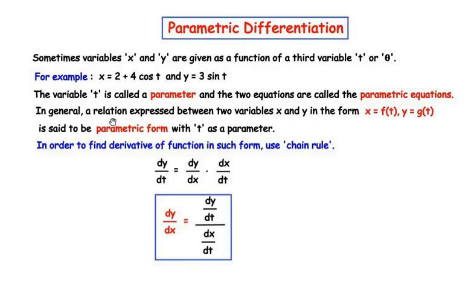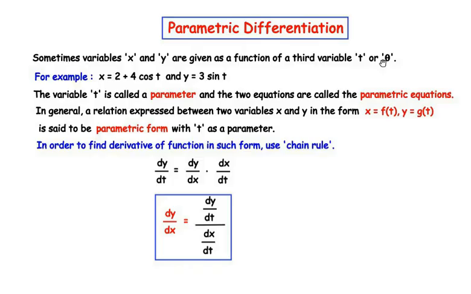So in general, a relation expressed between the two variables x and y in the form x is equal to f of t, in this example f of t is 2 plus 4 cos t, and y is also expressed in terms of t, that is g of t, in this example g of t is 3 sin t. So this form is called parametric form with t as the parameter.